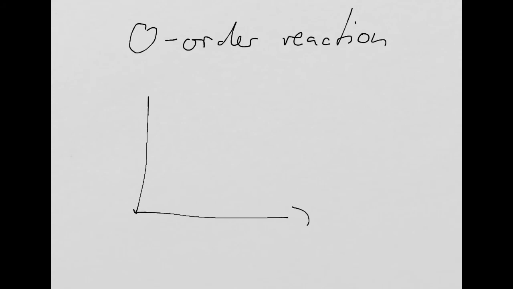We have our graph, Maltesers against time, and we would see something like that. So the Maltesers disappear at a given constant rate. Yeah?